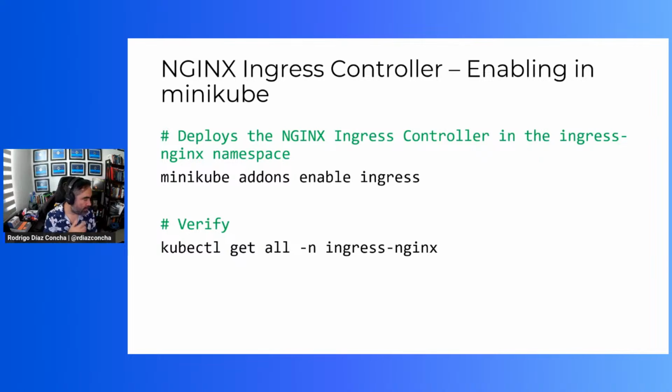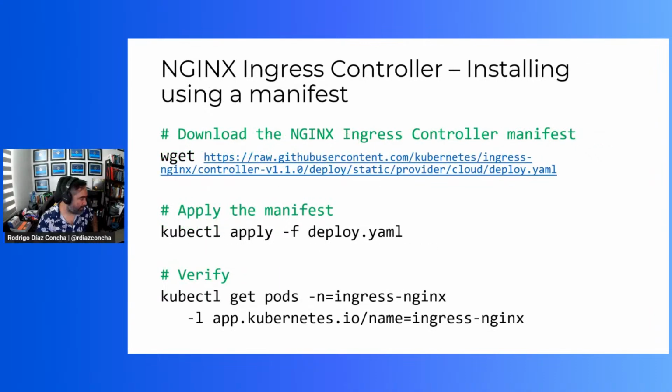Since we've been using Minikube in the entire series, you have to enable the ingress option in your Minikube cluster. That's why you have to execute minikube addons enable ingress, and that's going to install and configure the Nginx ingress controller in your cluster. Of course, you can do that manually.